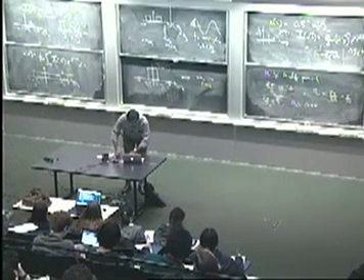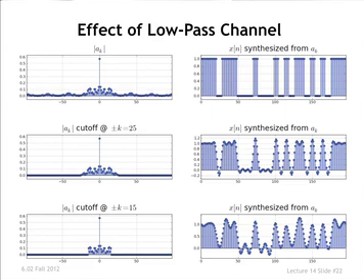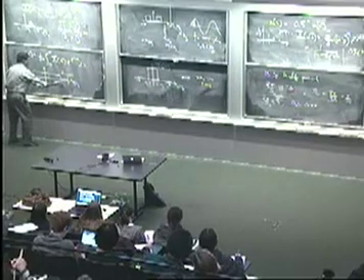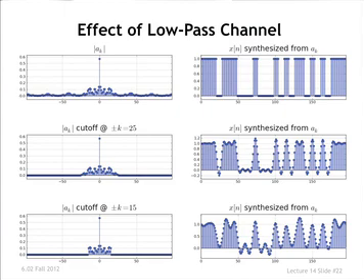Let me go past this and actually show you what happens when you start to distort what goes across. In this succession of experiments, we're sending that same signal through a channel with successively smaller bandwidth.